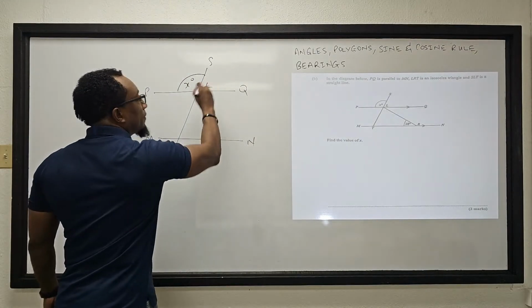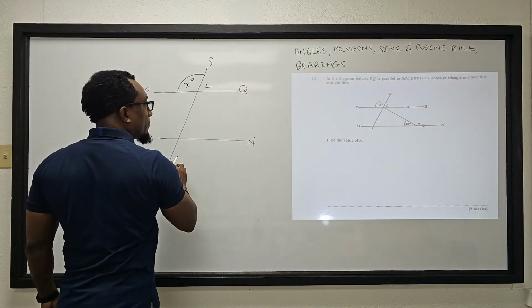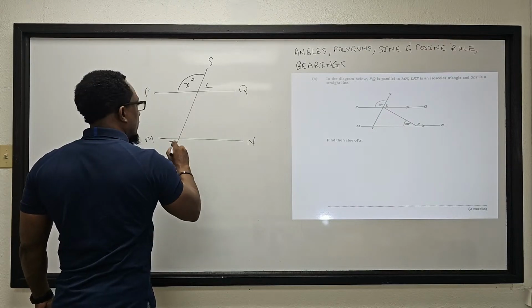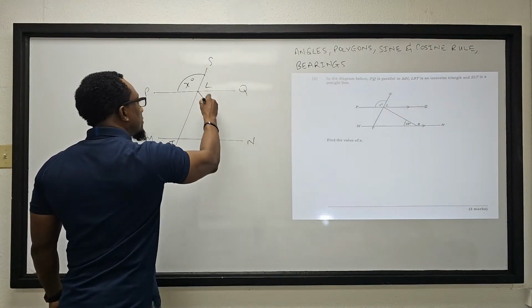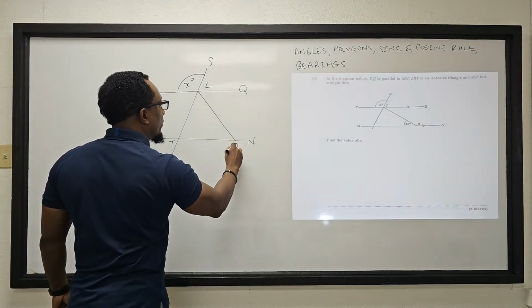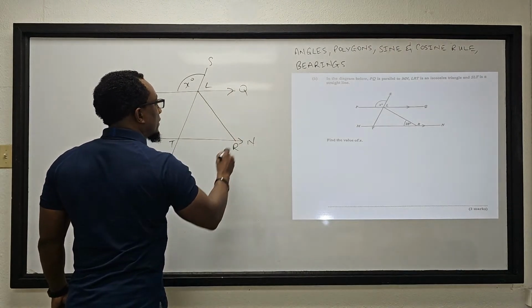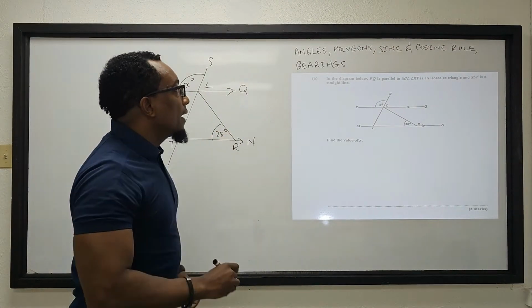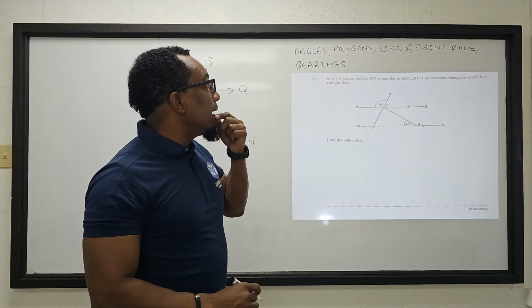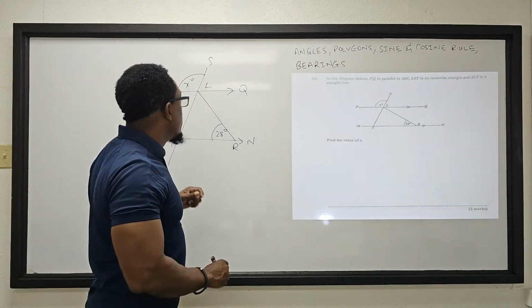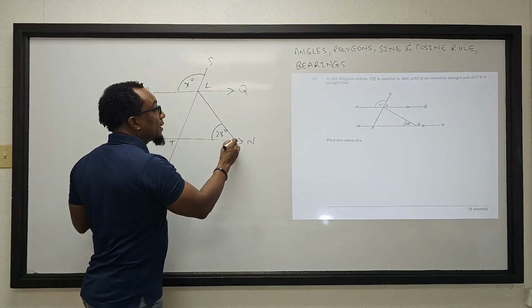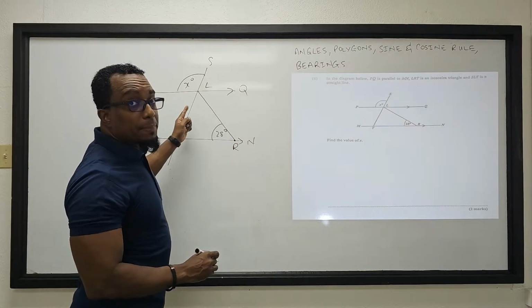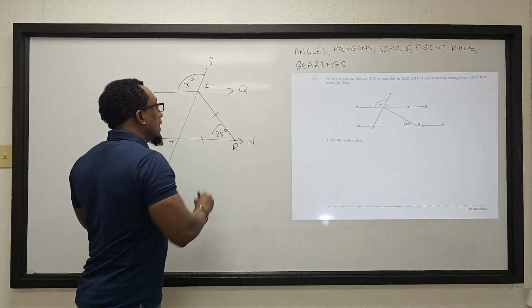This is L, this is T, and we have this triangle here, this is R, between two parallel lines, and this angle here is 28 degrees. The triangle LRT is an isosceles triangle, so if this is the apex of the triangle and the side opposite is the base, these two sides are equal.